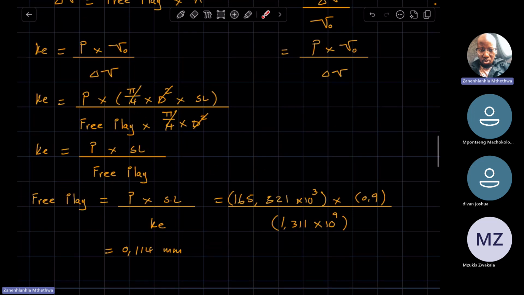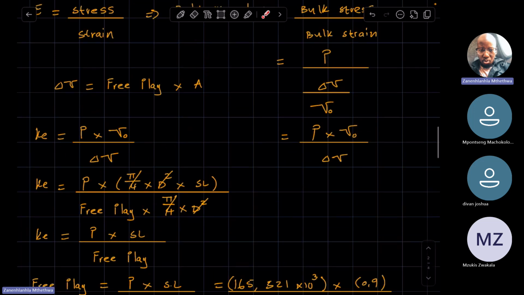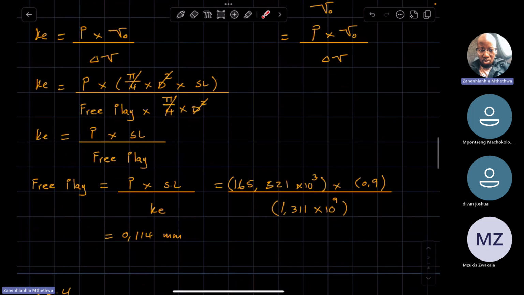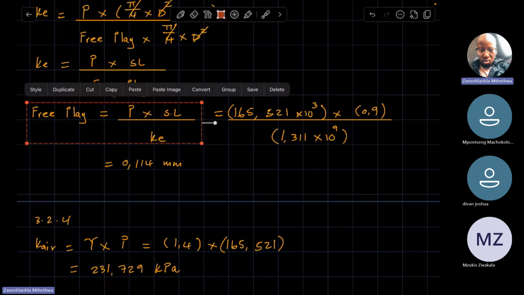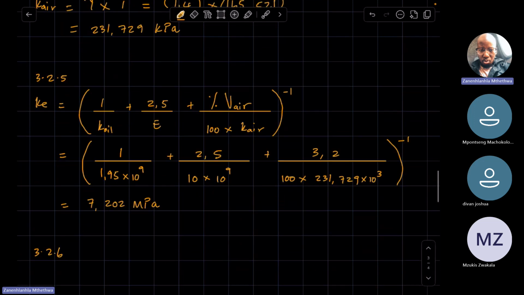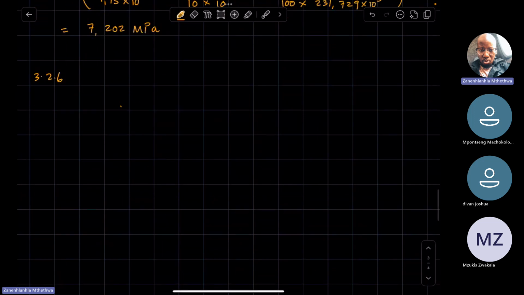Right. In this calculation, I was just showing you how we get to this step. But now that we do know, you can simply use this as a formula. Right.